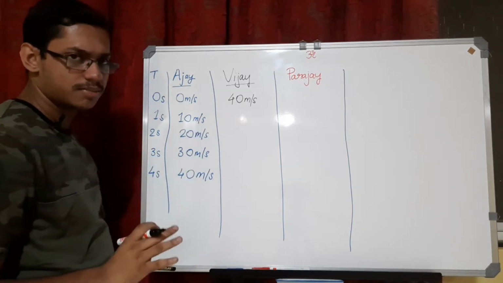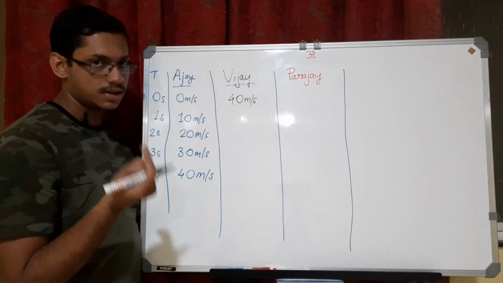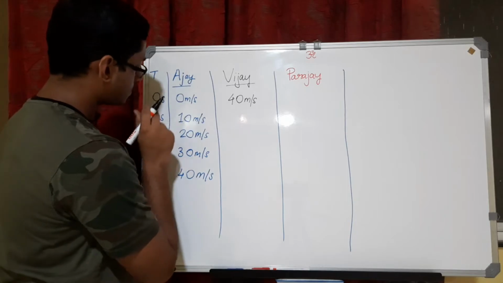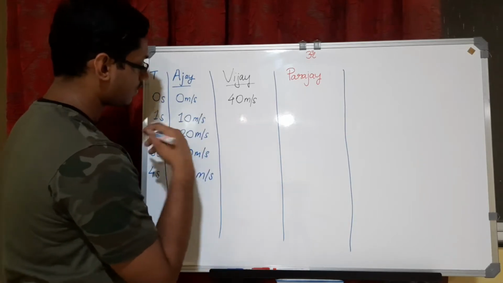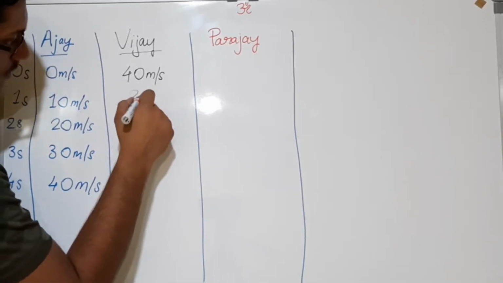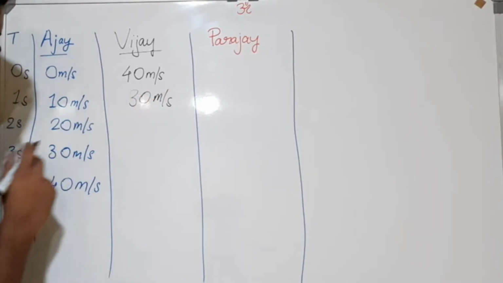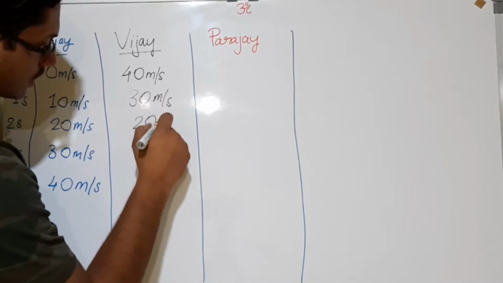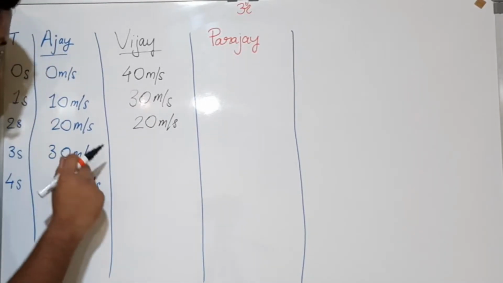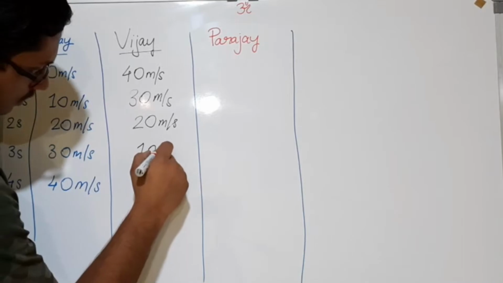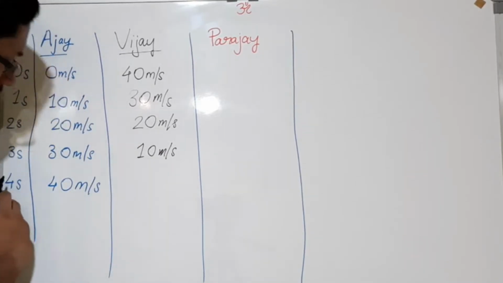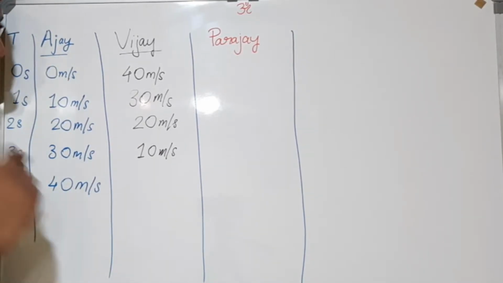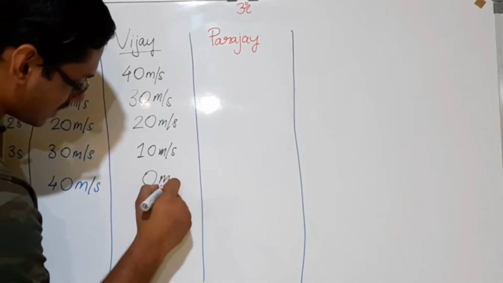At the first second it became 30 meter per second. Then at the second second, 20 meter per second. Third second, 10 meter per second. Fourth second, yes, you guessed it right, it becomes 0 meter per second.